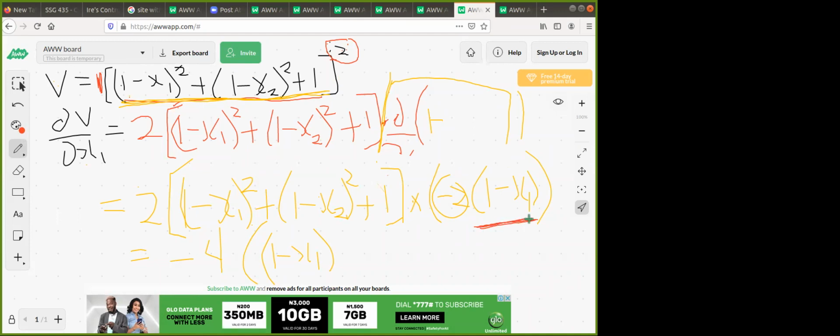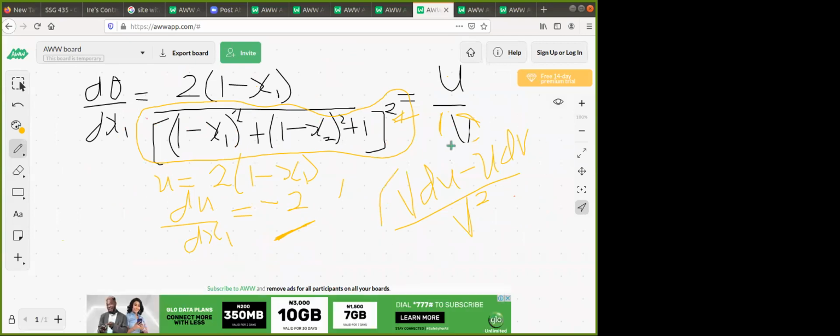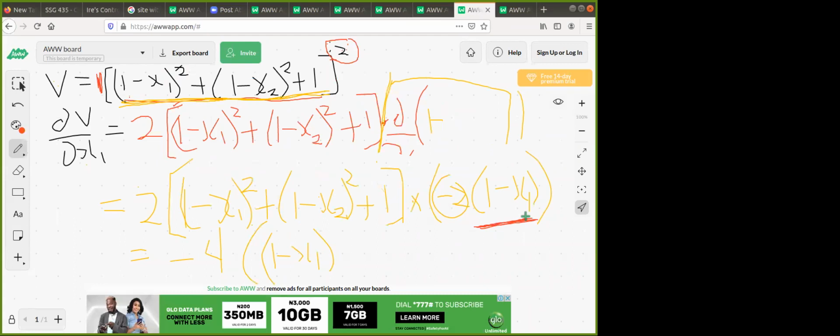Normally you're supposed to finish calculating the whole of this before you substitute x1 equals 1. But because it's going to be getting quite large, we can substitute it right here. Then you notice that the whole of this equation will become 0.